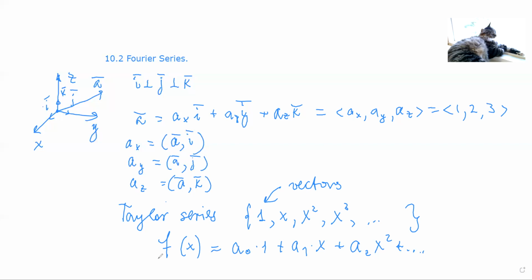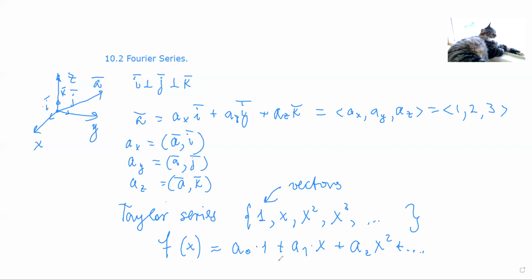Some functions f of x are not necessarily exponential or x squared, but periodic functions, like sine and cosine. When we do have periodic functions, it makes sense to use a series with the same period, which can work as a basis.